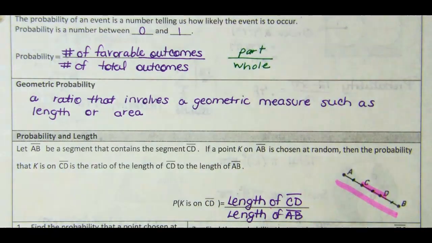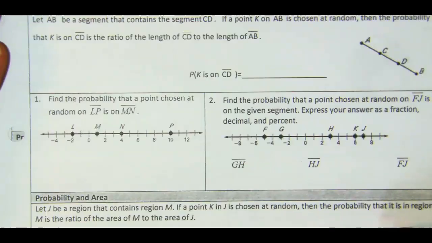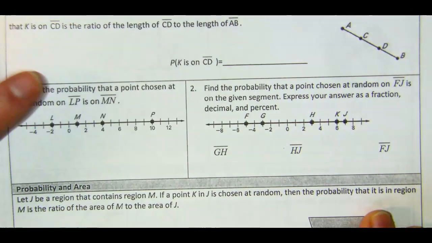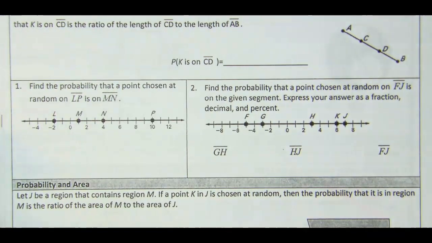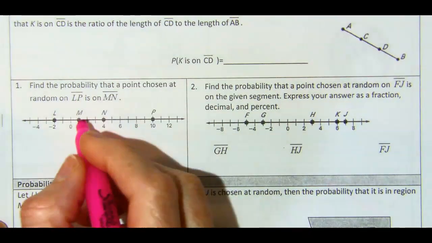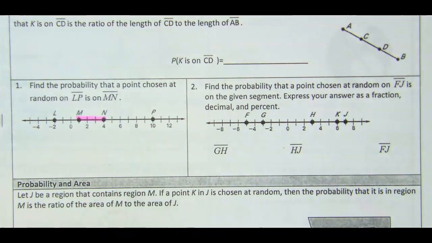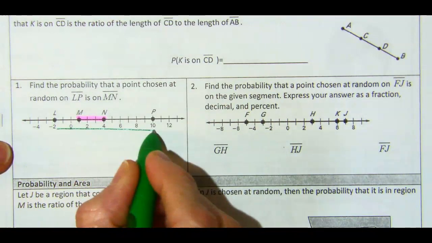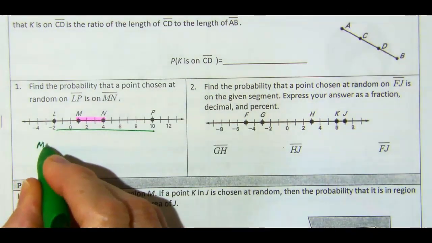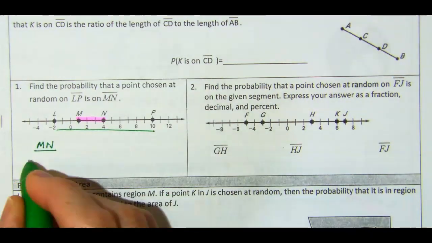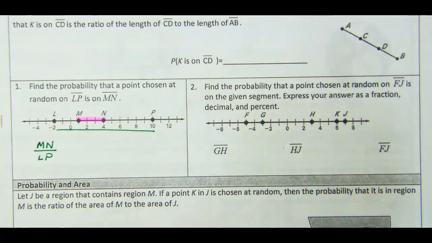Now, looking at problems from this, we're going to focus on number 1 first. It says find the probability that the point chosen at random on LP is on MN. So this is the part while LP is the whole. So we're going to do the length of MN over the length of the whole, which is LP.